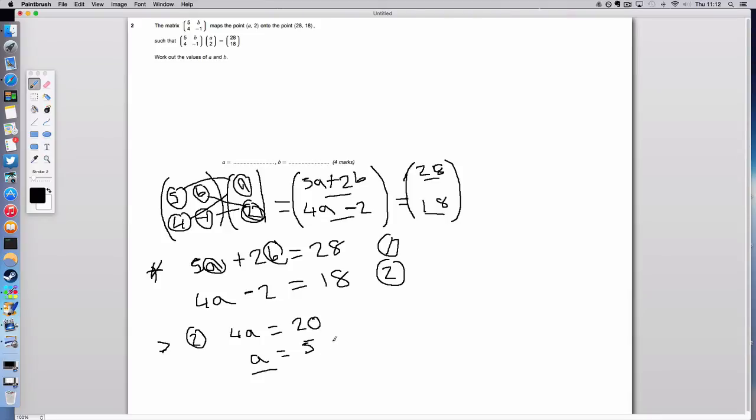Well, first of all, we need to find out what our b value is when we substitute a. So substituting now into equation 1, we have 5 times our a value, which we found to be 5, and then we're adding 2b, and that's equal to 28. Simplifying, 5 times 5 is 25.